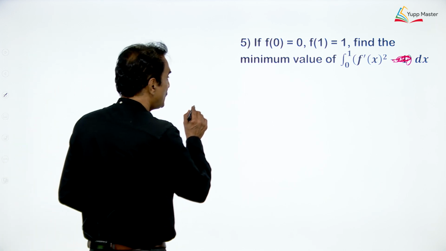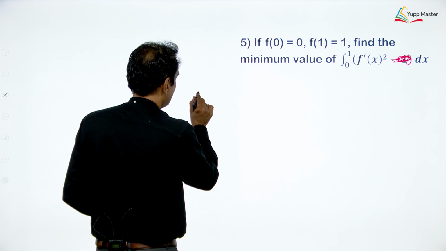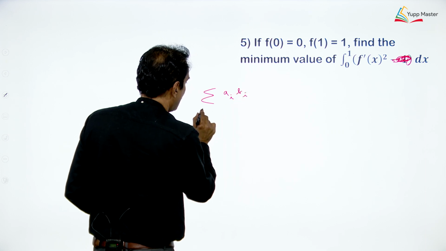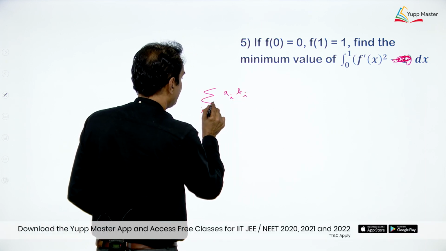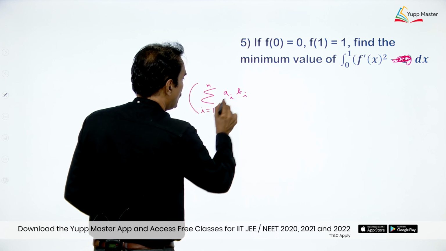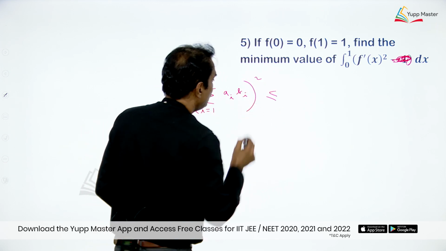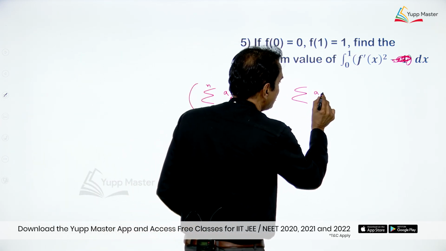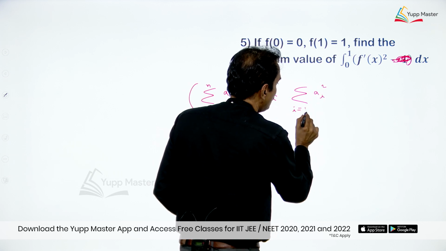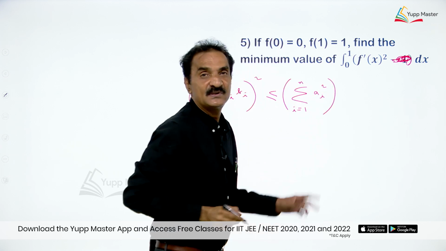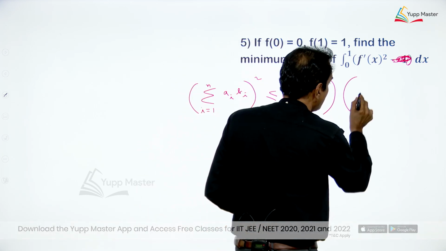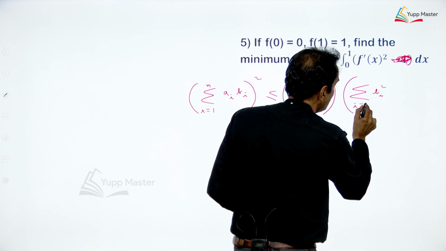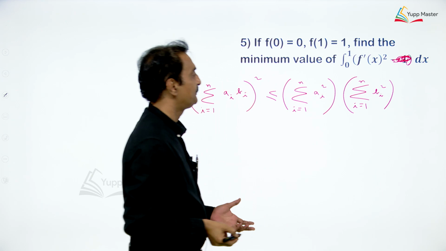In real numbers, Cauchy's inequality is sigma ai bi, i varies from 1 to n, whole square is always less than or equal to sigma ai square, i varies from 1 to n, into sigma bi square, i varies from 1 to n.